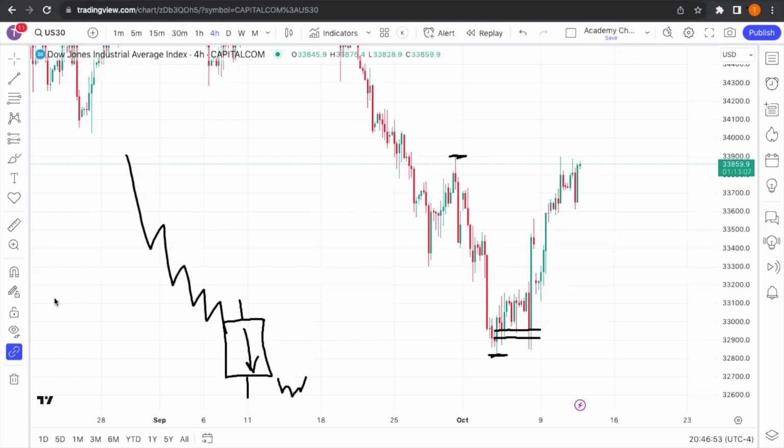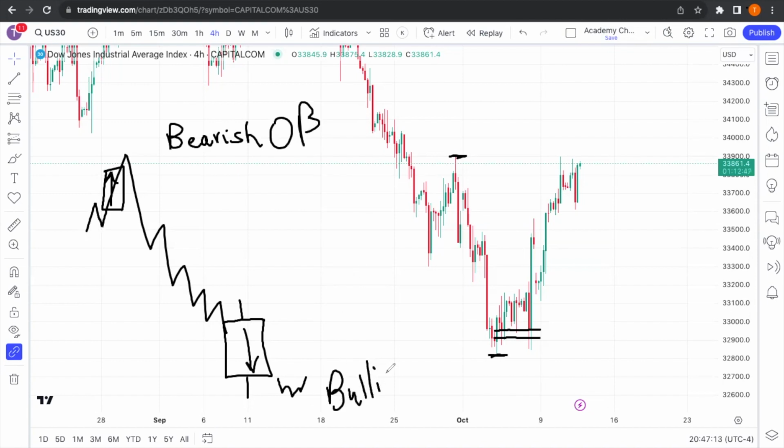A bearish order block is going to be the exact same thing, but on the opposite side. The very last candle with the highest up close, that's going to be your bearish order block. Remember, it's just a fancy way of looking at support and resistance.